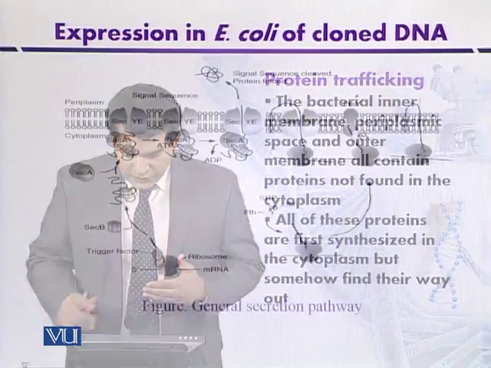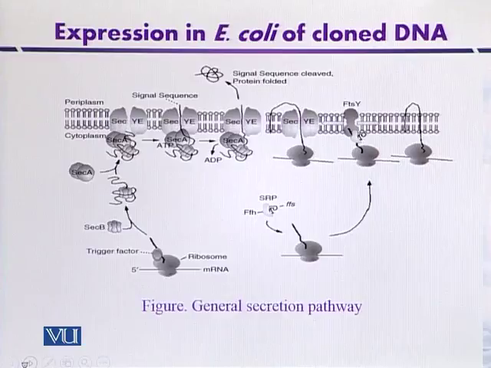For example, in this diagram, there are examples of two proteins, number 1 and number 2. If the protein comes in contact with trigger factor, which is a type of chaperone protein, then it is going to be exported outside the cytoplasmic membrane, maybe into the periplasm or the external environment.